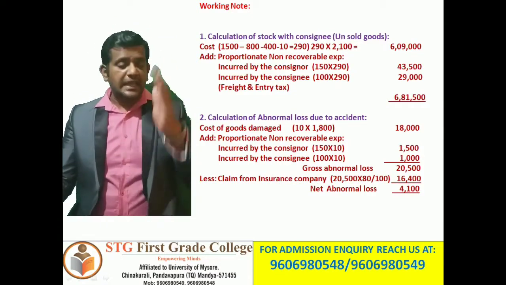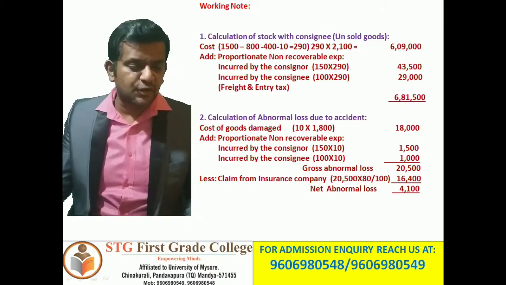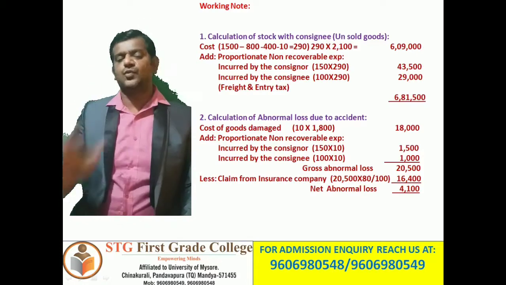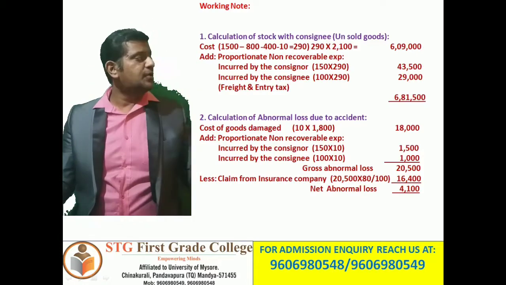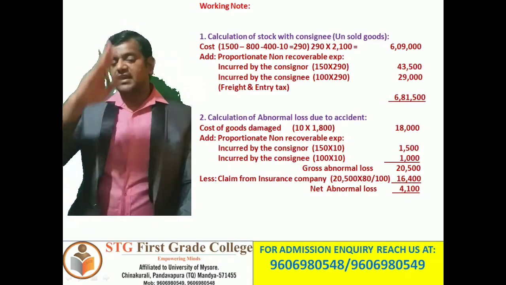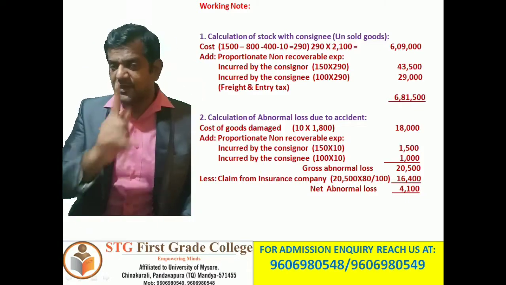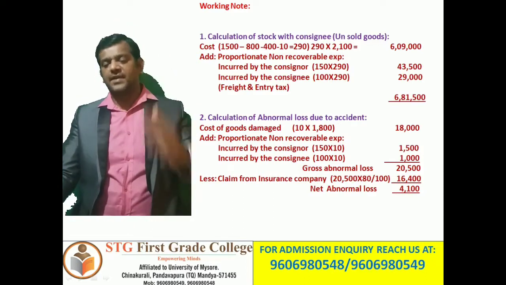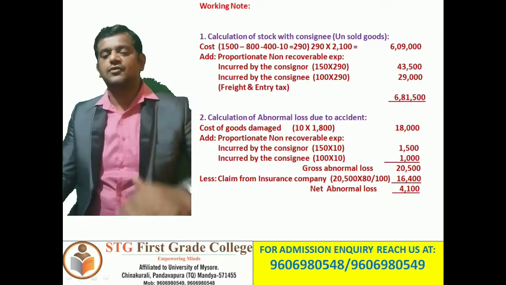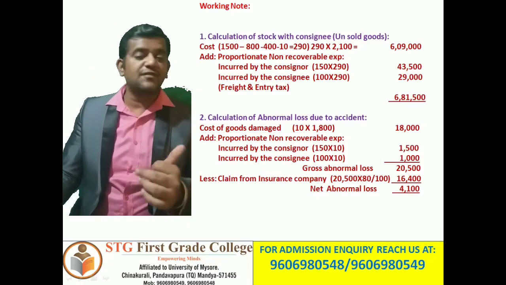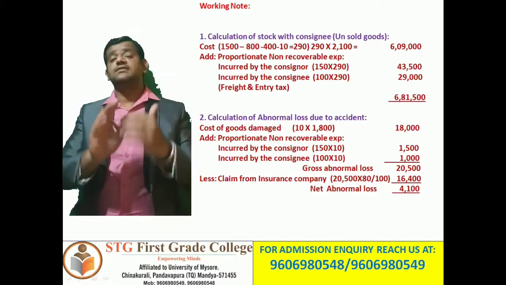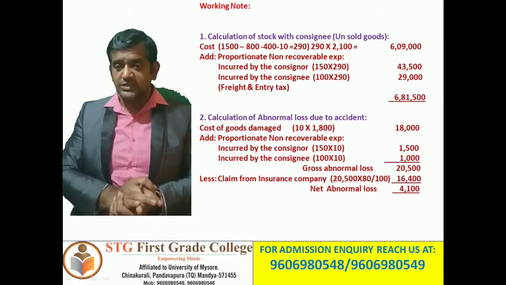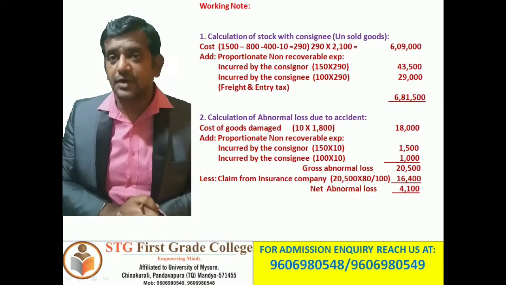Incurred by the consignor, open the bracket, 150 into 10, that comes to 1,500 rupees. Put it in the outer column there. Then incurred by the consignee 100 rupees into 10 bicycles, that is 1,000. Add 18,000 plus 1,500 plus 1,000, that comes to 20,500 rupees. That is called gross abnormal loss.